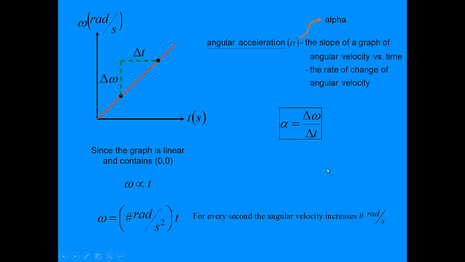Or in more mathematical language, this is the rate of change of angular velocity. It's how quickly you're speeding up, slowing down, or changing direction. Angularly. Right? And yes, when we look at more complex cases than this, we'll have to use a derivative for this.